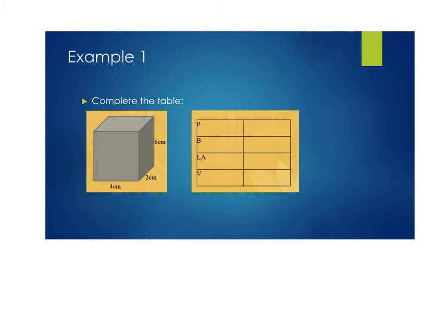Now, the first box, we're looking to find the perimeter of the base. The second box here, this B, it wants the area of the base. Then LA is the lateral faces, and I'm going to change this V to total area or surface area. So the last box I'm actually going to fill in with surface area.